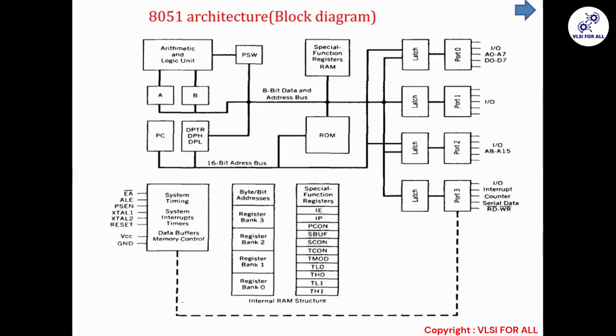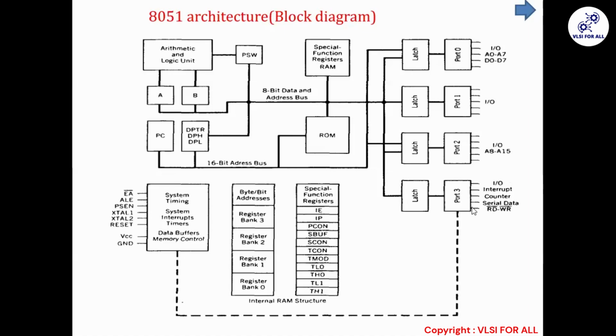I think 64K. 65,536. Right, means 64K. 64 kilo of external memory we can connect. So that much external data memory or program memory, whatever I want, I can connect, because I have that much connection.